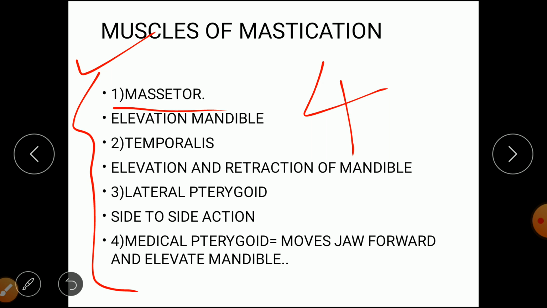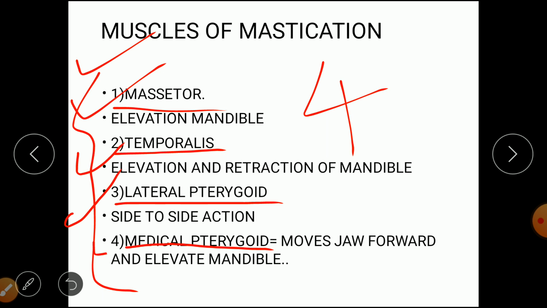First is masseter, second is temporalis, third is lateral pterygoid and fourth is medial pterygoid. Masseter elevates the mandible, temporalis elevates and retracts the mandible, lateral pterygoid gives side to side action, as the name suggests, and medial pterygoid moves the jaw forward and elevates the mandible.